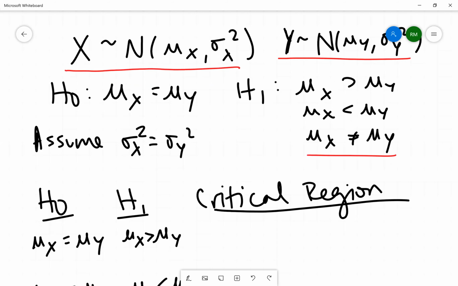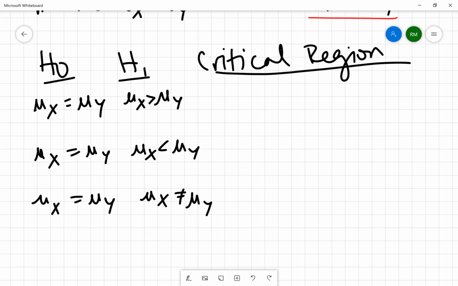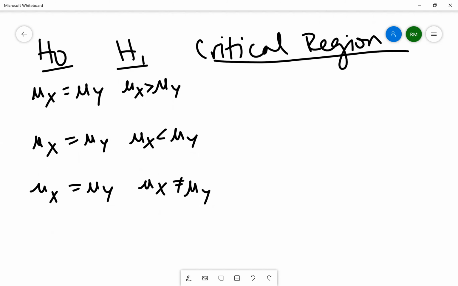All right. To do a hypothesis test, we have our options here on the left for the null hypothesis, that is H0, and the alternate hypothesis, which is H1. What we need you to do is figure out what the critical region is.